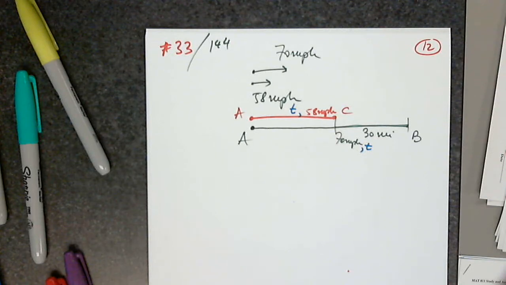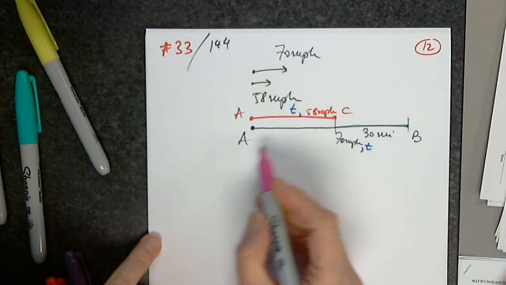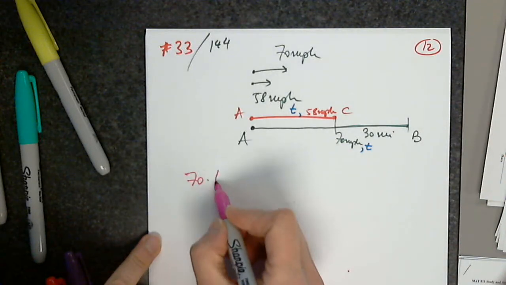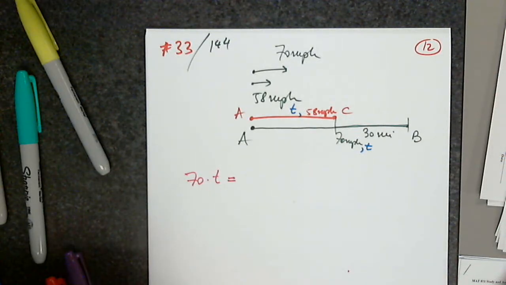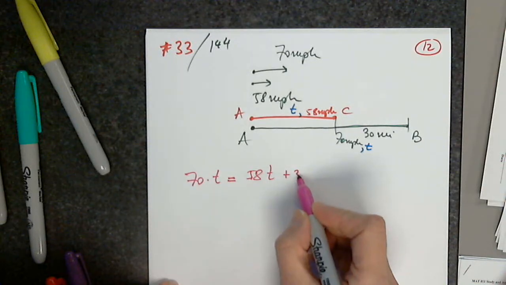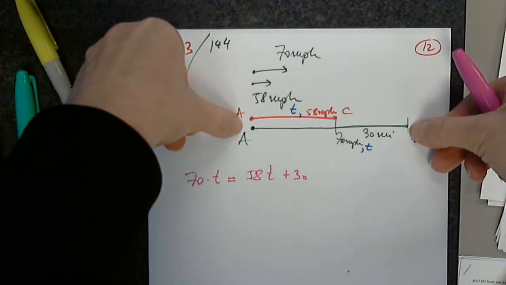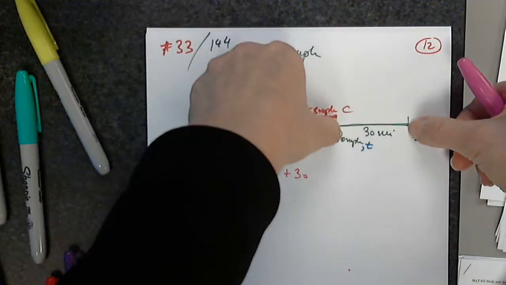Can anyone dictate anything? 70 T on one side of the equation? 70 times T, okay, equals, awesome. Would the other side be 58 times T, plus 30? Awesome. So this equals this plus this.